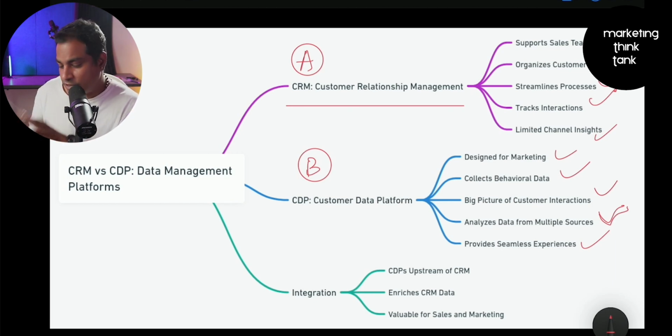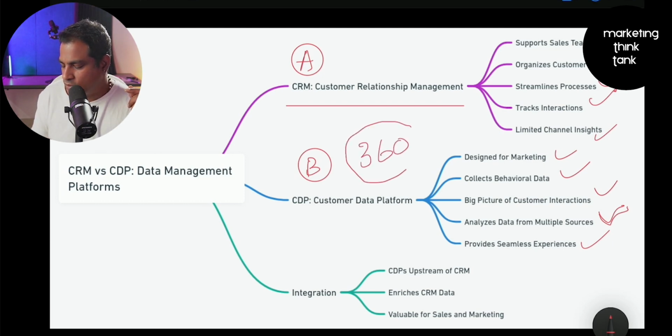It collects data from your CRM, sometimes from your emails, and from your social media systems. It collects data from all the possible sources so as to give you a unified picture of that one particular customer. So in a way, I would say CDP gives you a 360 degree, almost a 360 degree view of your customer and his interactions.